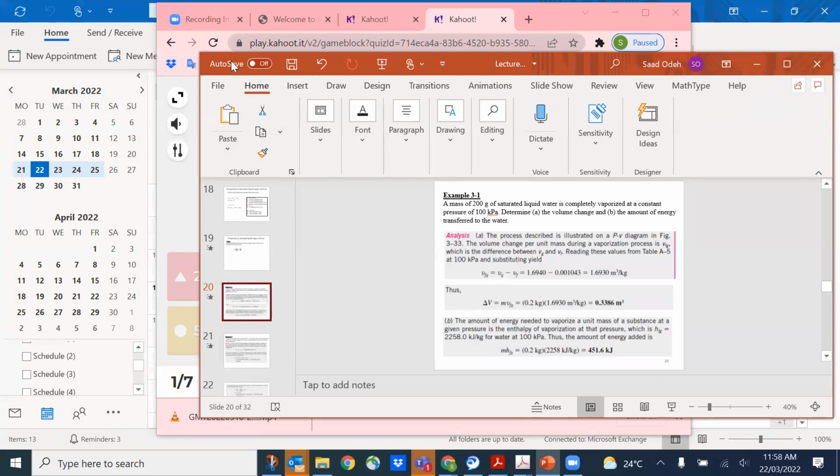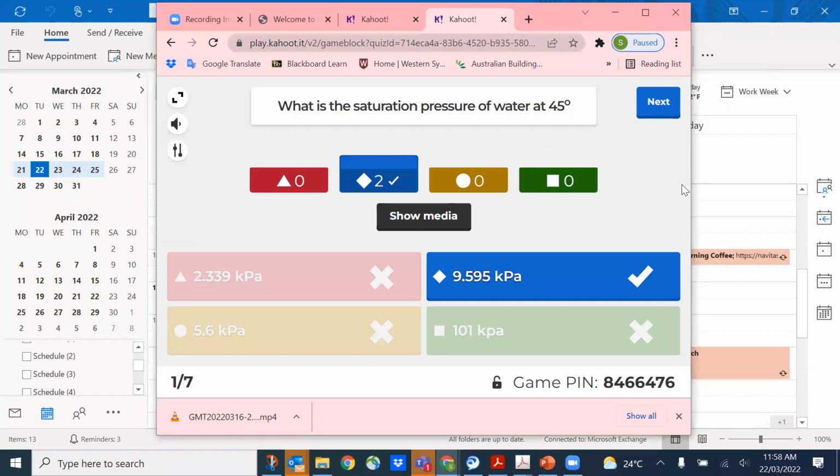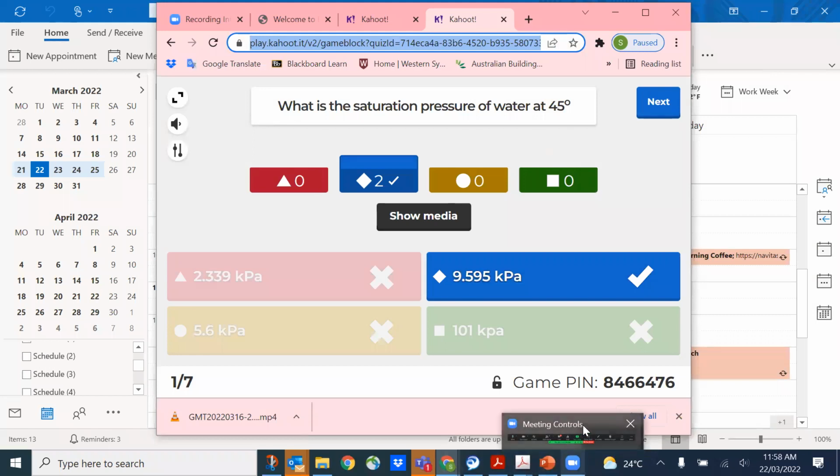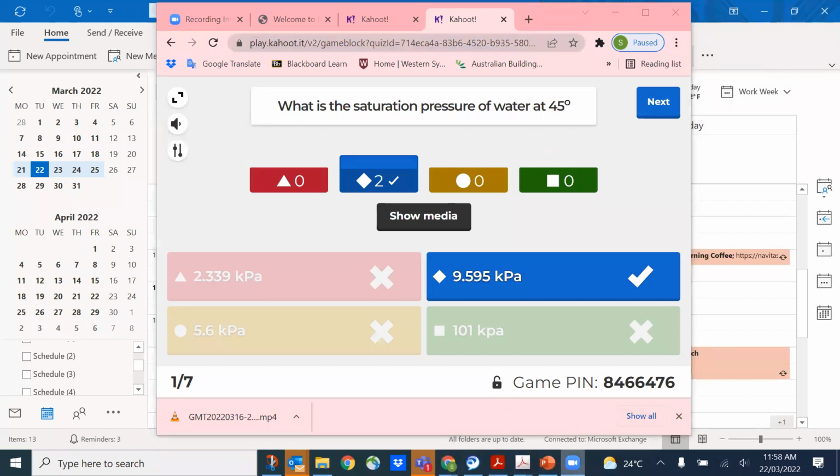I'll show you, because this is the Kahoot screen. Can you see it? So I can click on it, and then the other screen is the Zoom screen, which is the one that you need to put on the side.